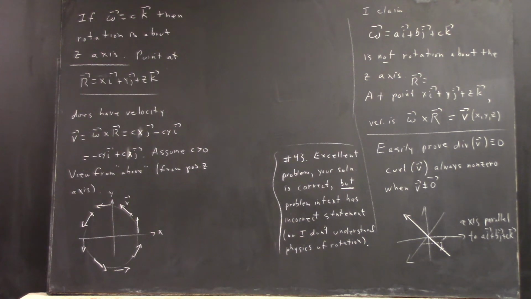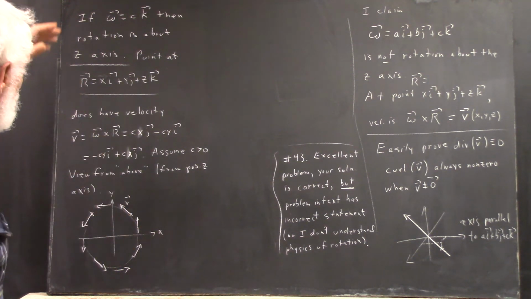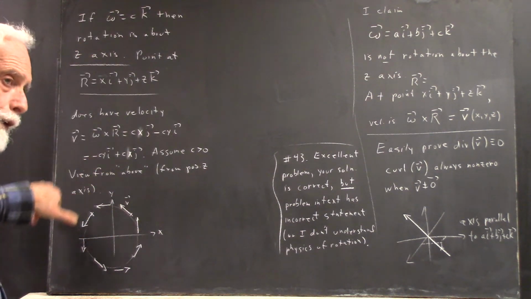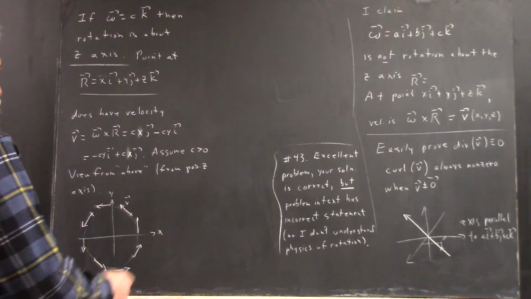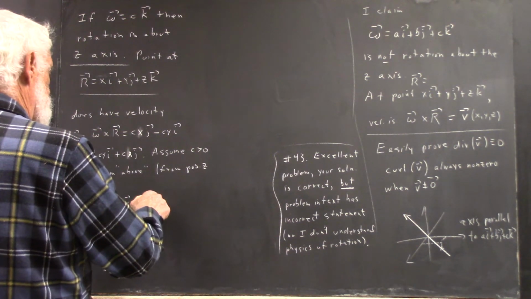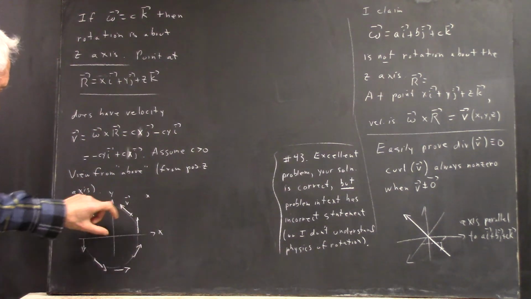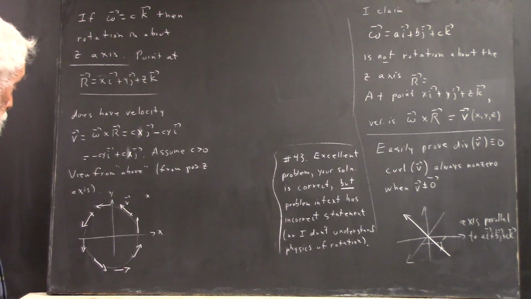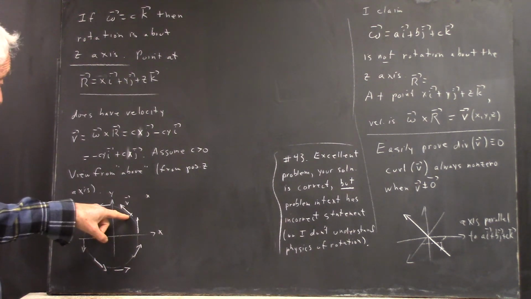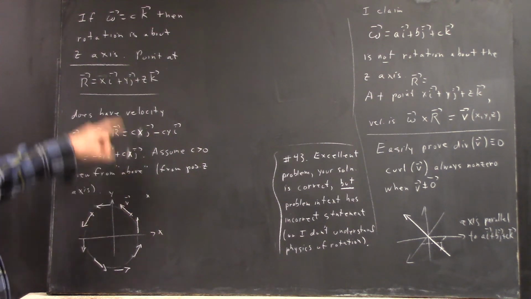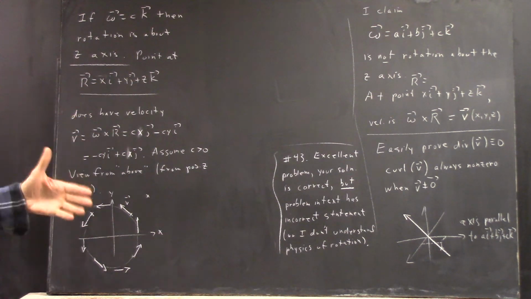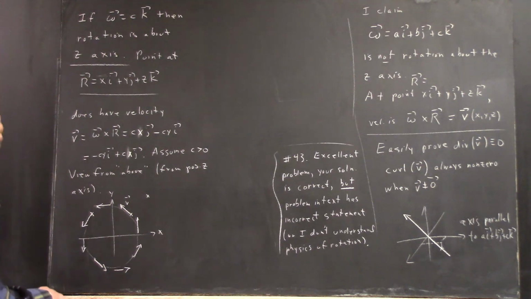Okay? And this helps you see why this is a model of rotational motion. If you go out to a greater distance, say twice as far from the origin, well, the x and y components are going to be twice as great. That means your velocity components will be twice as great.